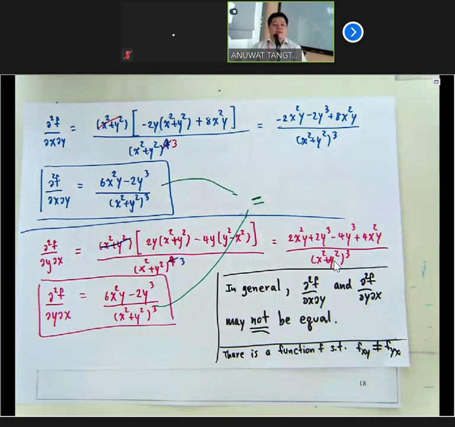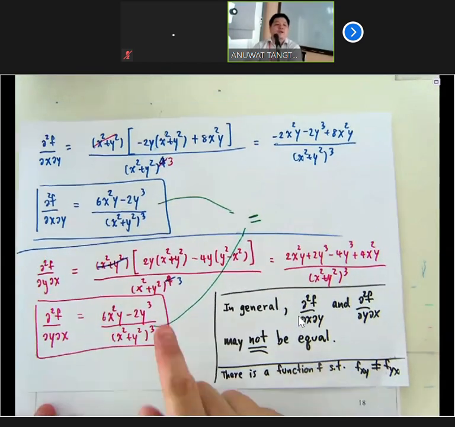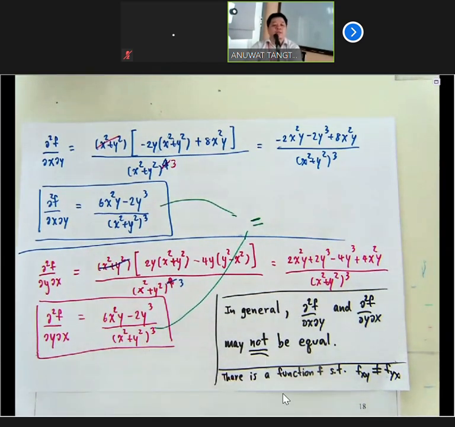I don't have much space, so let me change the notation a little bit. But in our example, our function is not this kind of function, so they are equal.